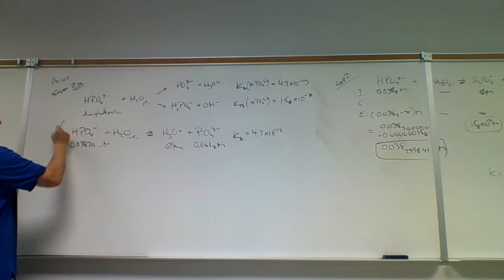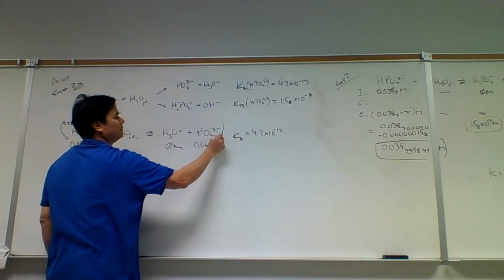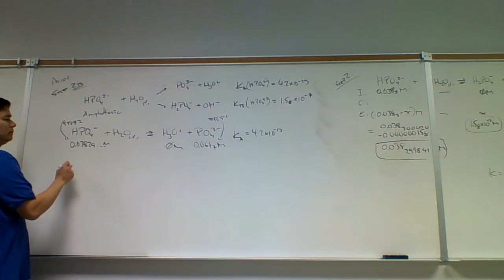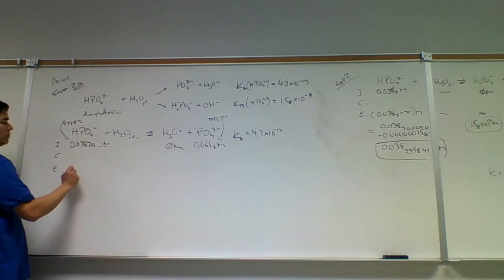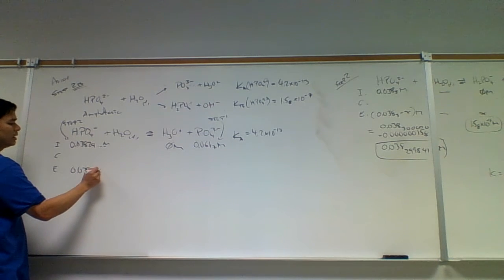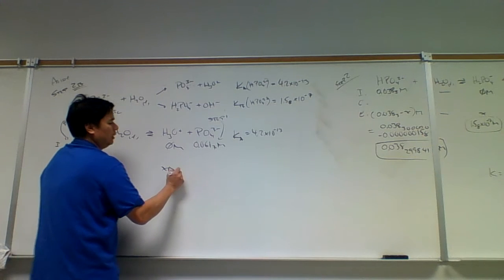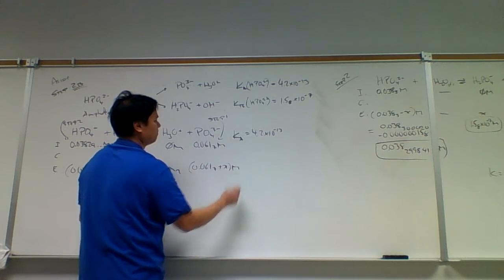All right, so this comes from step 2. This comes from step 1. And so then at equilibrium, this has got to go to the right, so it's going to be 0.038, I'm not going to write everything, minus x molar, and then 0.0617 plus x molar.